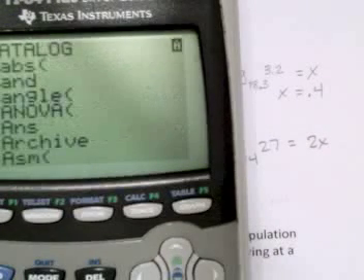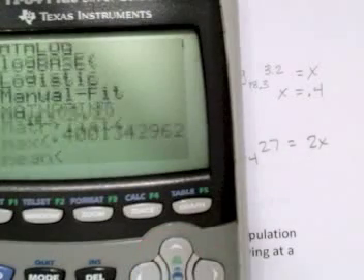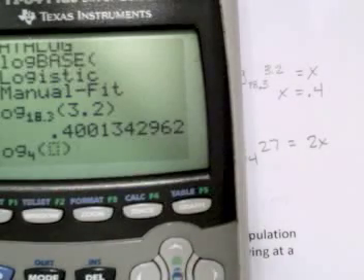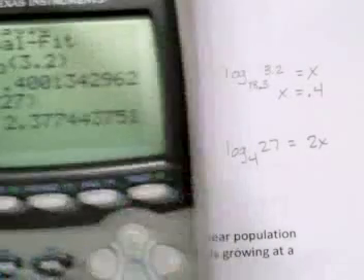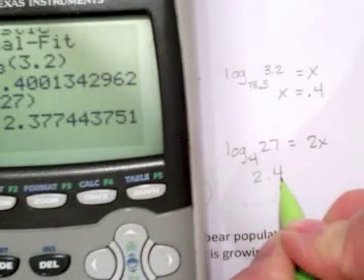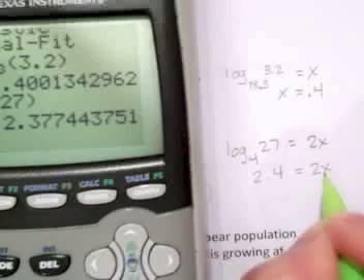So I'm going to go to my catalog and find log base. And the base I want to put in is 4, and the value I'm taking the log of is 27. So we would get that 2.4, let's go ahead and round to the tenths, is equal to 2x.